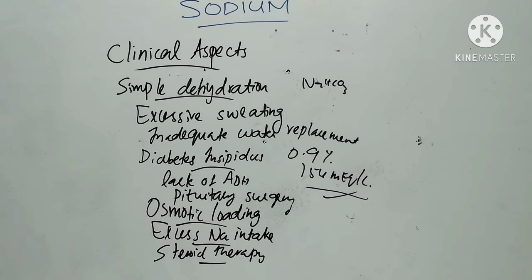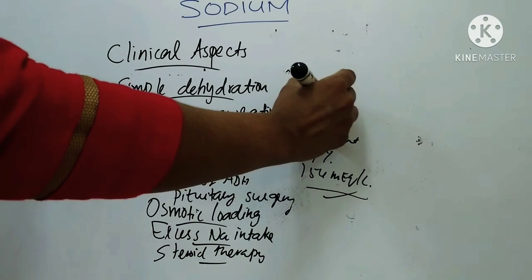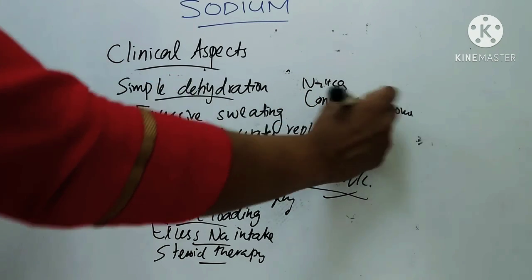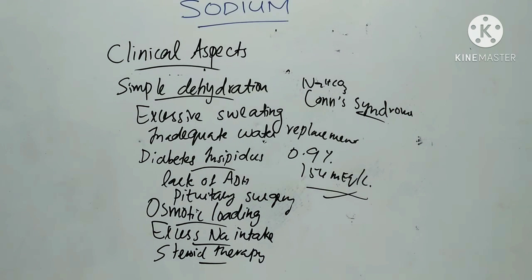In certain tumors of the adrenal gland, large amounts of aldosterone are produced. That is called Conn syndrome. That is about hypernatremia.